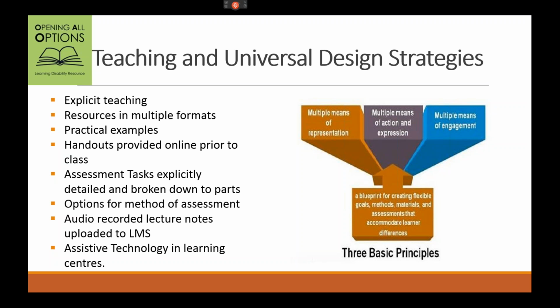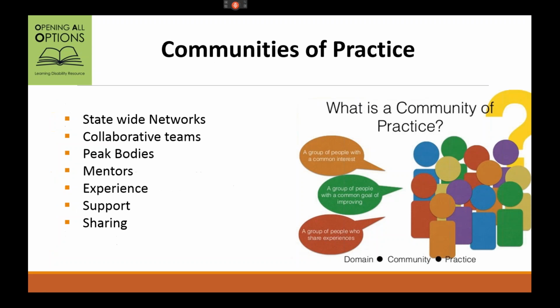And the last point that we wanted to talk about was the DLOs that were evidencing really sophisticated practice for students with specific learning disabilities belonged to a community of practice. In Victoria it was the TDN, the TAFE Disability Network.